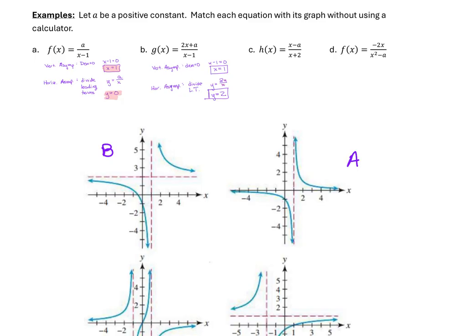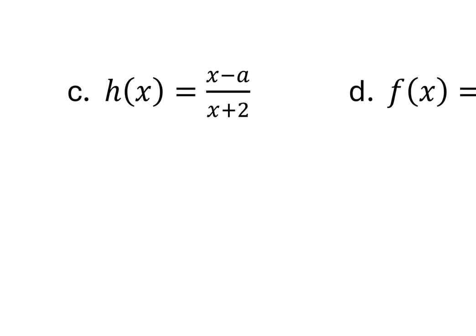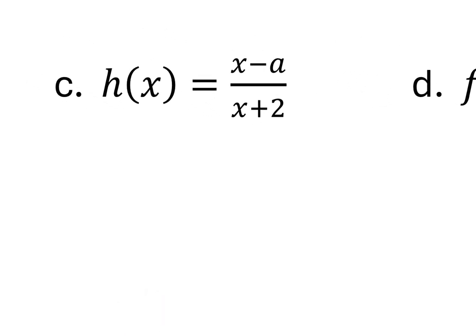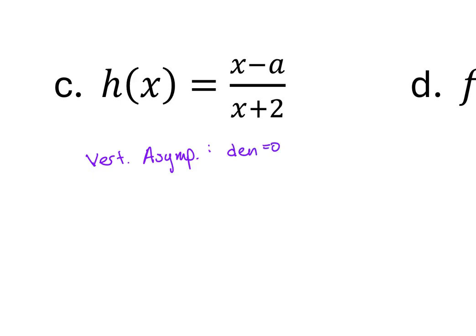All right, let's go to example C now. Example C, we have h of x equals x minus a over x plus 2. All right, so vertical asymptote is where the denominator equals 0. If we set the denominator equal to 0 and solve, we get x equals -2.